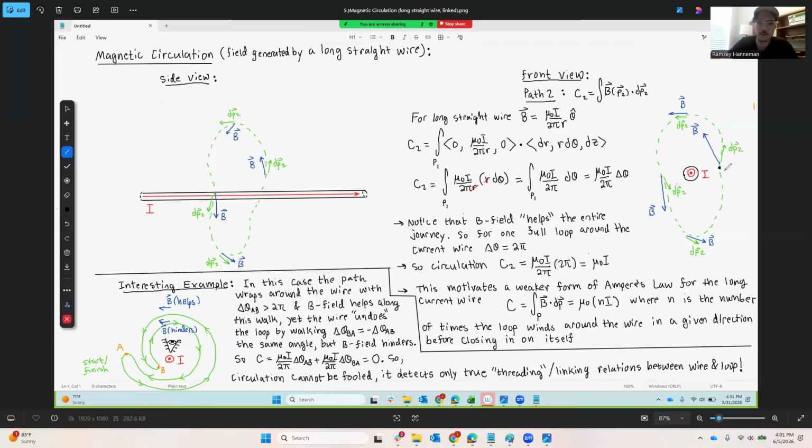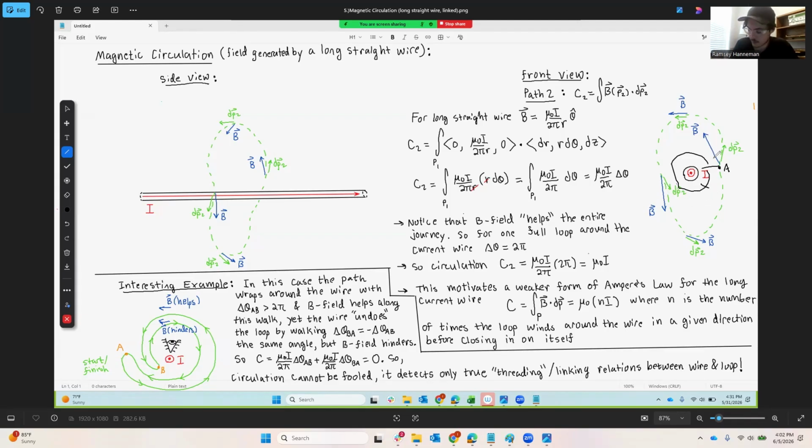Exactly. So if this is your starting point A, the angle you sweep out is counterclockwise the whole time. And it could go just 2 pi to get back to where it started.